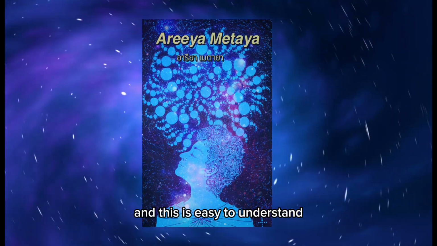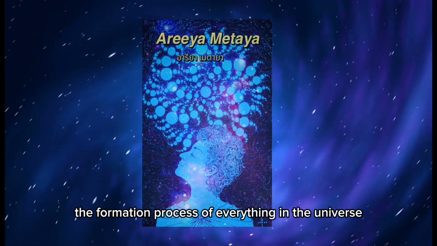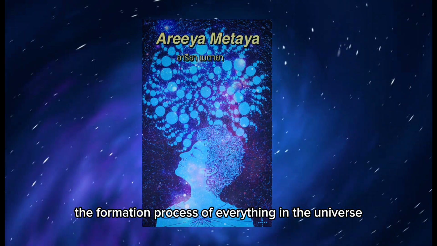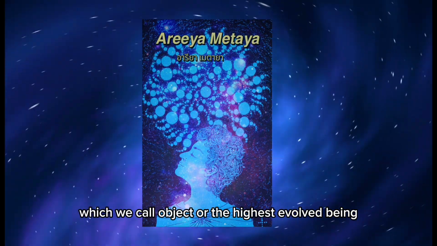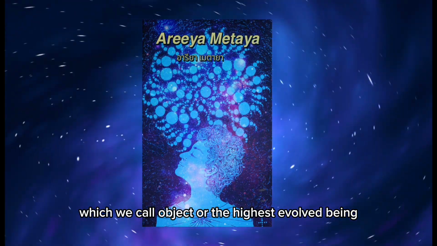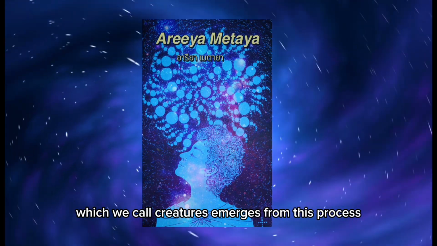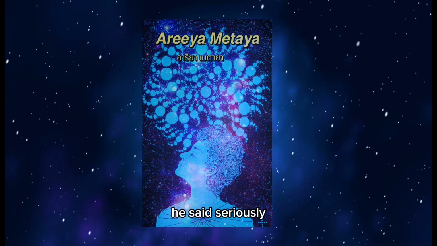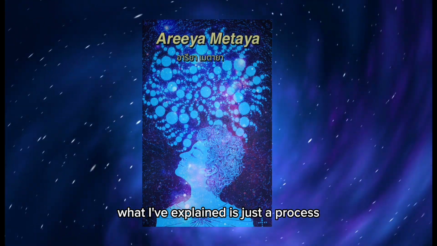And this is easy to understand? I said, teasing him. The formation process of everything in the universe, whether it is the lowest being, which we call object, or the highest evolved being, which we call creatures, emerges from this process, he said seriously. What I've explained is just a process.